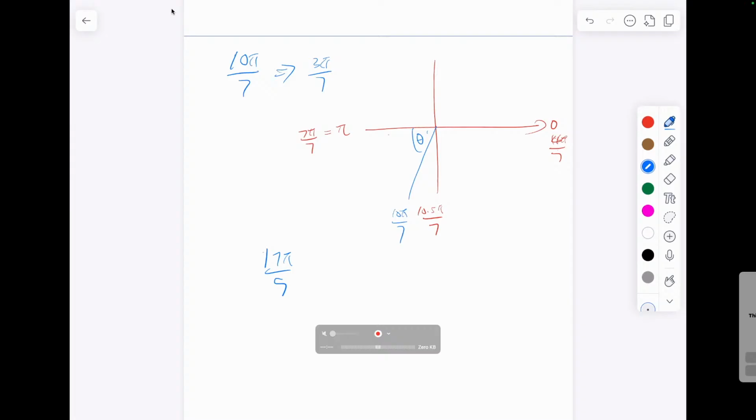Which means you're right. The reference angle can only be... that's the one.